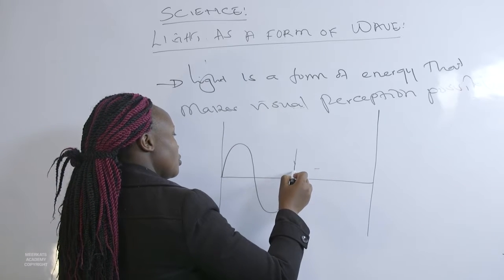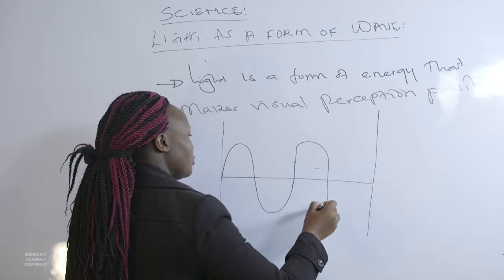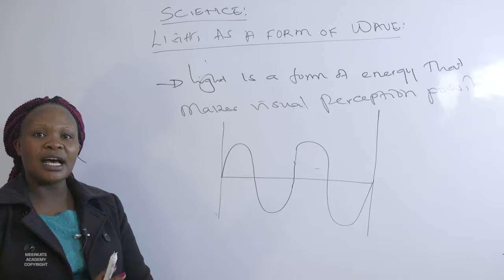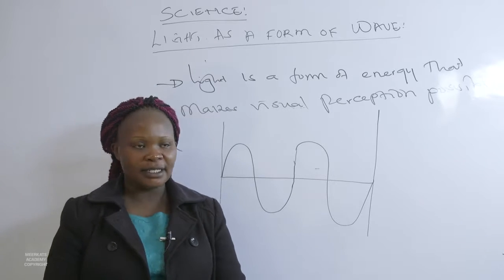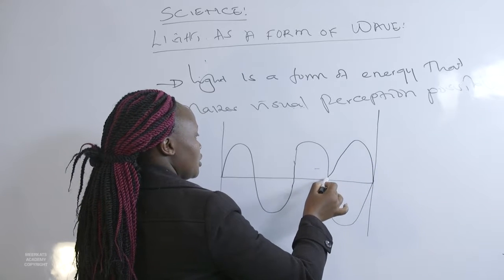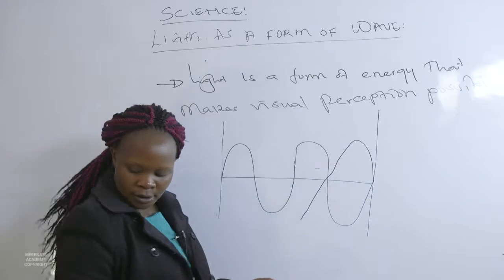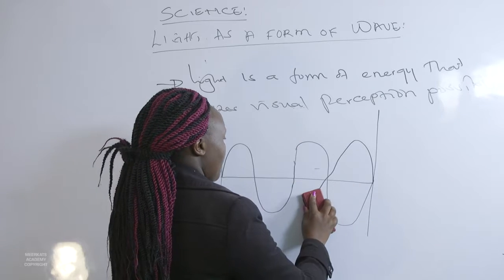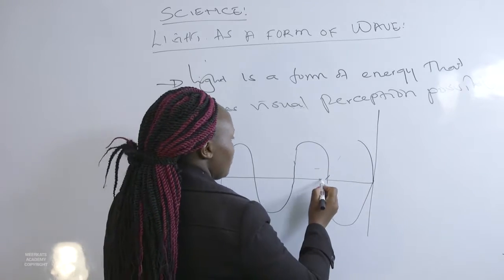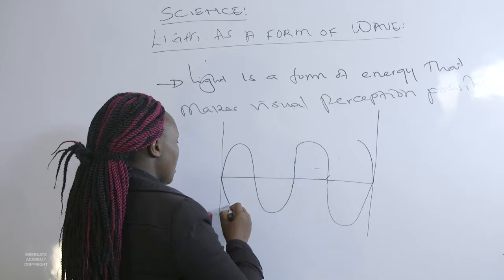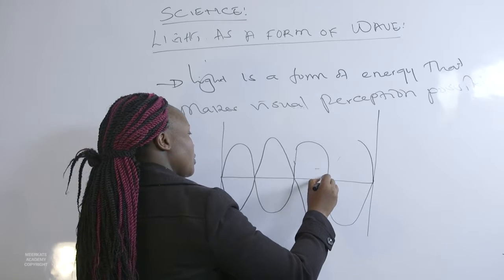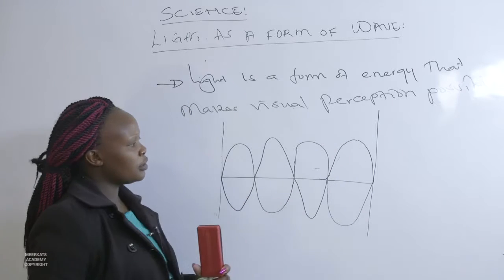When it gets to your eye, the eye will act as a fixed reflector. That way, it is reflected, and when it is reflected by your eye, it superimposes itself on the first wave.